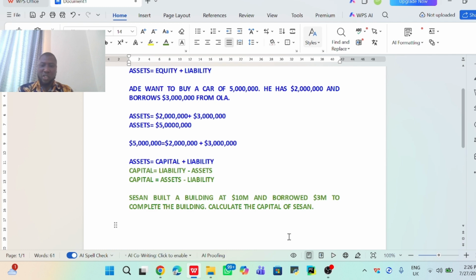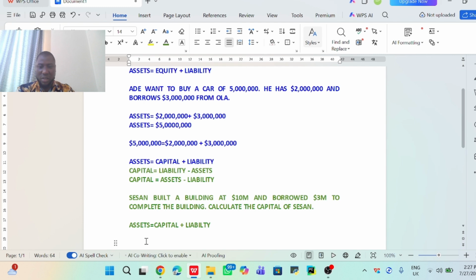Now, don't let us forget, our formula, our equation, is asset equal to capital or equity plus liability. We have been given an asset: the building, built at 10 million naira. This building that he built is known as our asset.